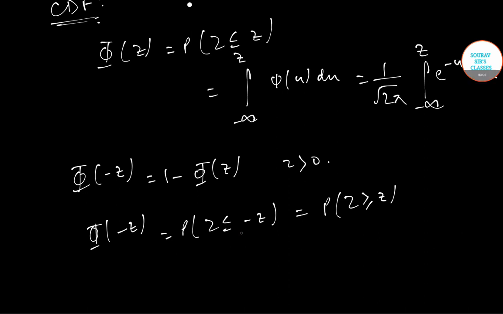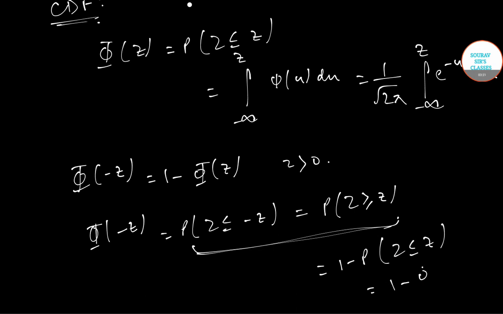We got this because a normal distribution is symmetric. I would be coming to these characteristics later in the video. Which is equal to 1 minus probability z less than equal to z, which is equal to 1 minus capital phi z.